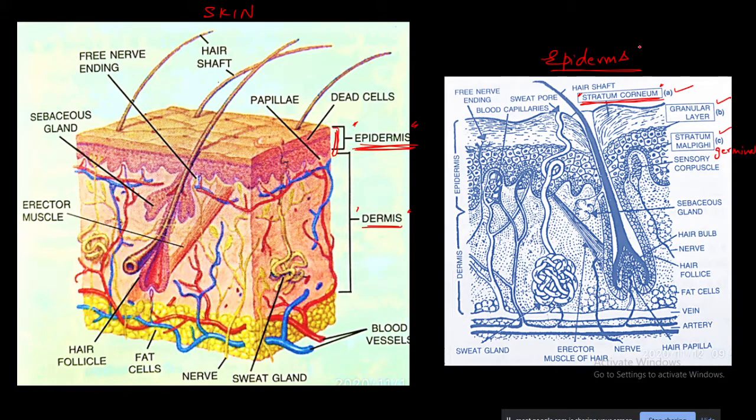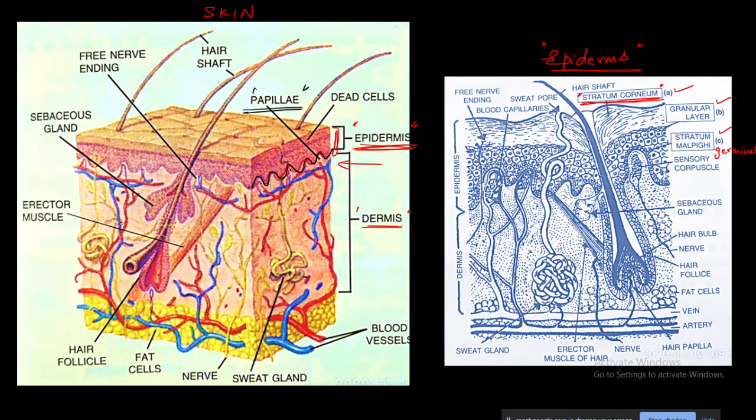Papillae is an undulating kind of structure. It is not a smooth structure. So what happens here? This is the junction between the epidermis and dermis, and the nerve endings and different sense organs come up to this region. Okay, papillae kind of structure.